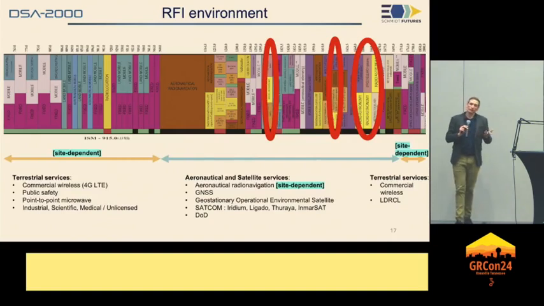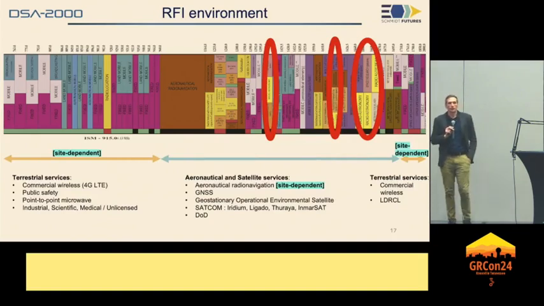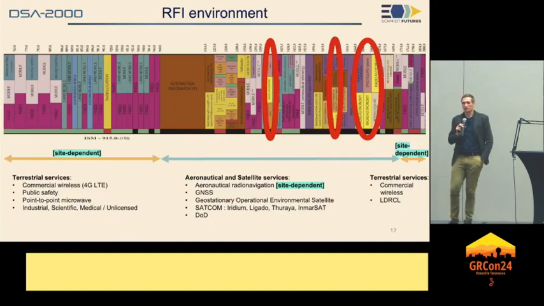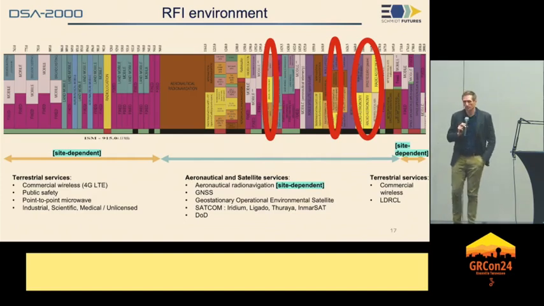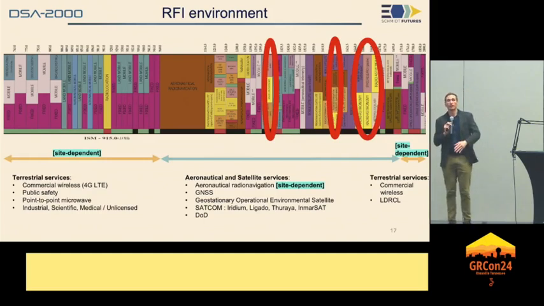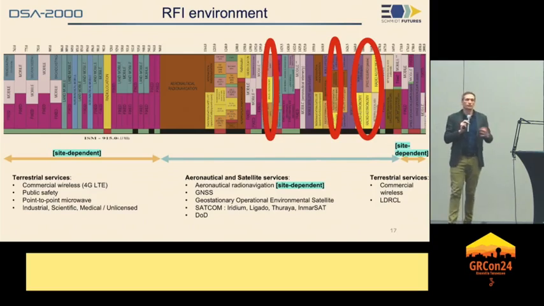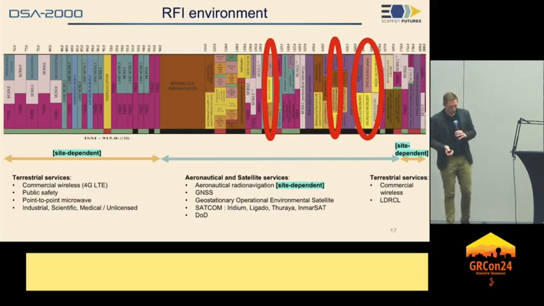Now, I also mentioned earlier that RFI, radio frequency interference, is a major concern in radio astronomy, and especially for DSA-2000, because we're covering 700 megahertz to 2 gigahertz, which is mostly L-band, and it's one of the most heavily used regions of the spectrum.